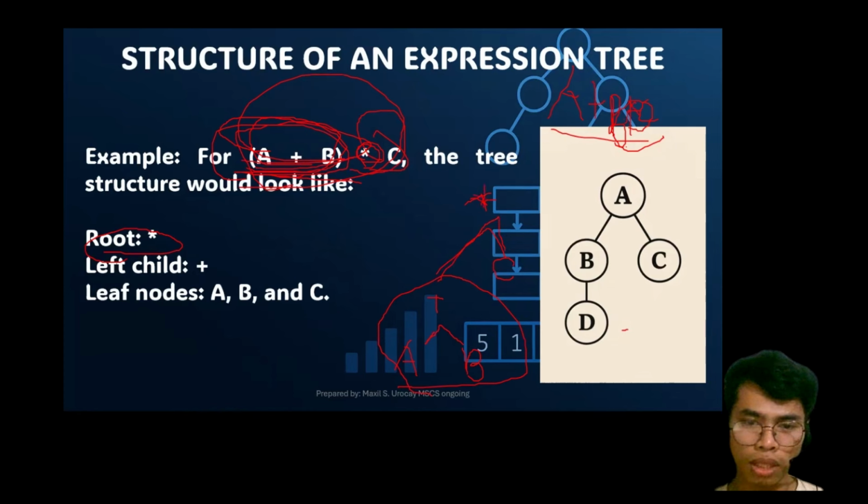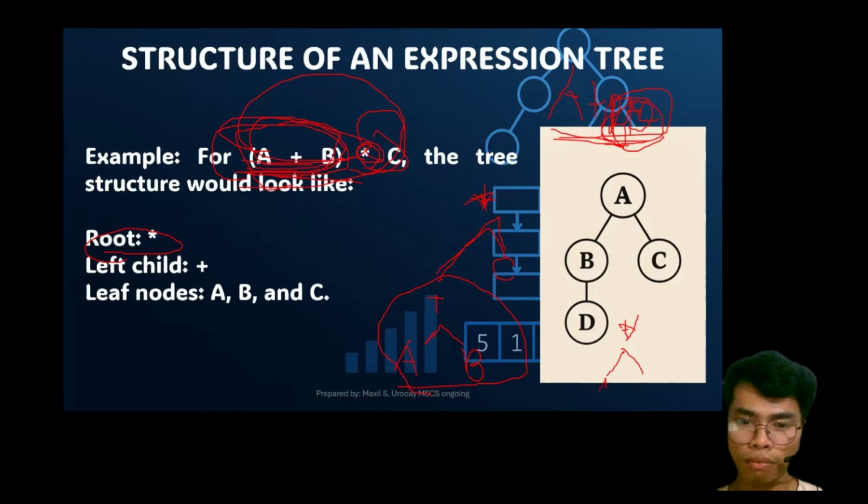So times will be the root node. Then afterwards, the lower precedence right here is plus. So therefore, the highest precedence will be times. So we can work on that one, times. And the highest precedence will be placed almost at the bottom part of your tree.